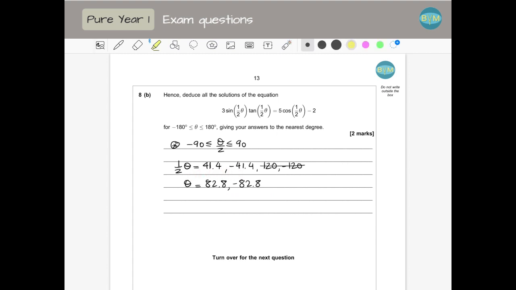And be careful, because in other questions they didn't say, but here we have to round to the nearest degree. So my answers are going to be 83 degrees and minus 83 degrees. Be careful with those rounding things so you don't lose marks. And that's all with this exam question.